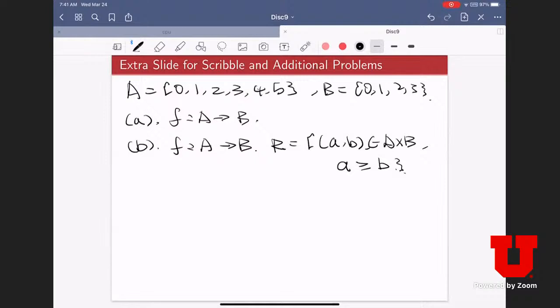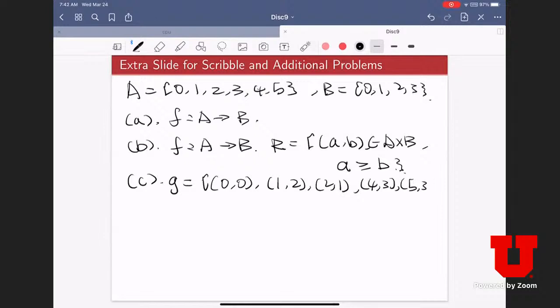All right. And for C, we have our G as the set of ordered pairs (0, 0), (1, 2), (2, 1), (4, 3), and (5, 3).